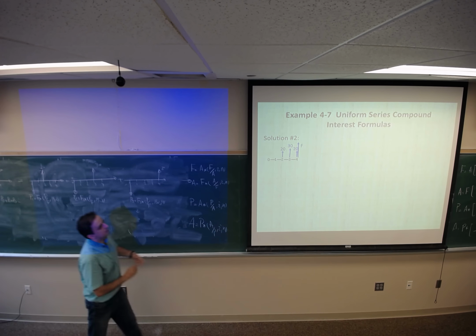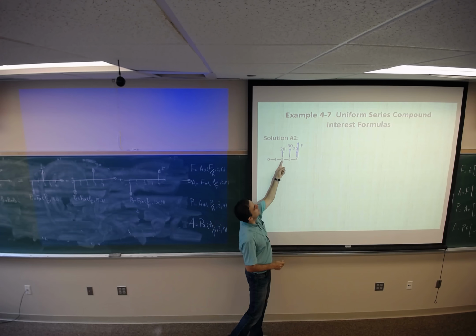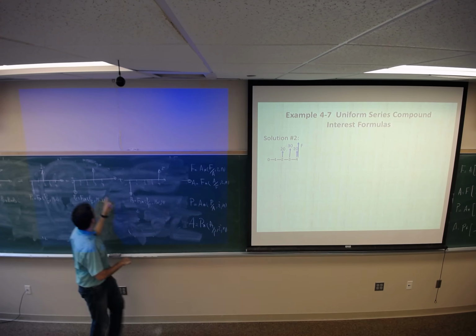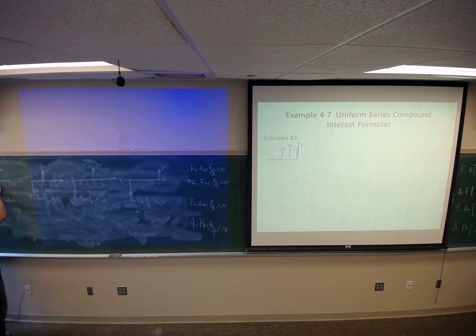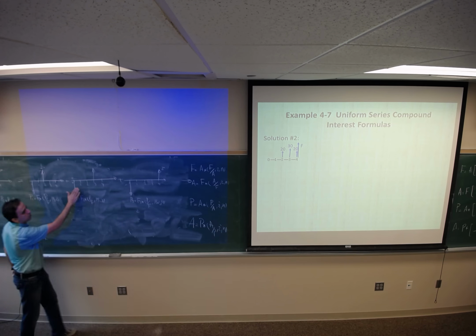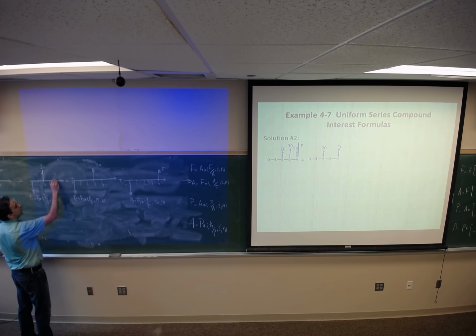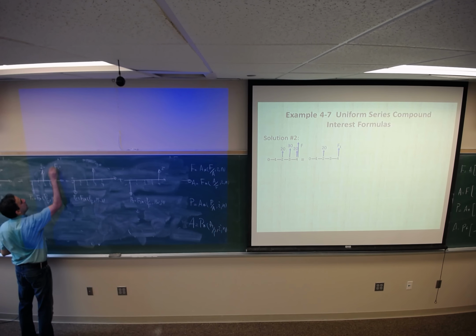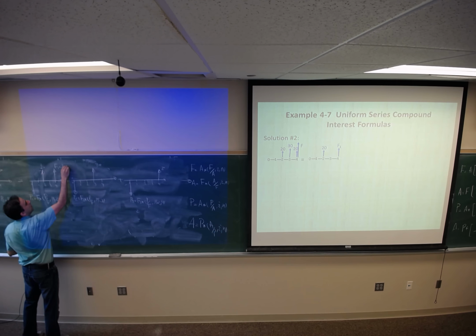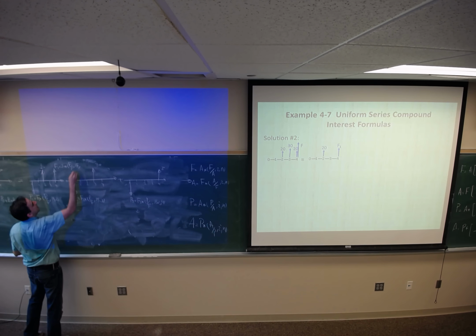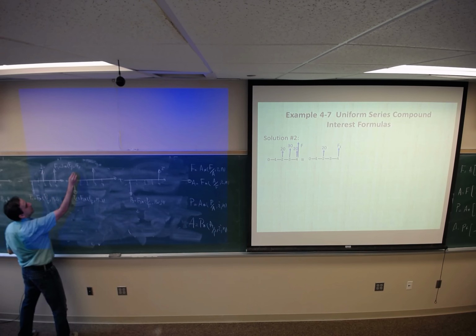Second solution, just break the cash flow diagram to these 3. Find the future value first. Find the future value of 20 at F1. F1 would be P, which is 20, times, we are looking for F when P is given, interest rate is 15%, 1 year, 2 years. 2 years this time.